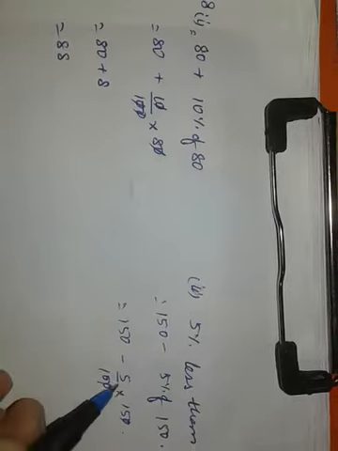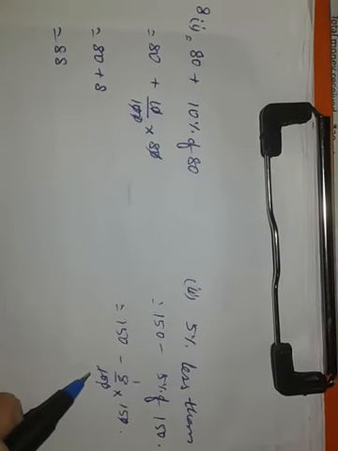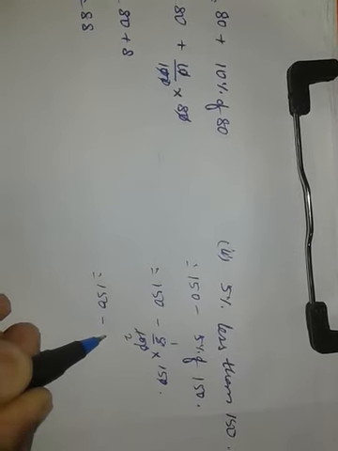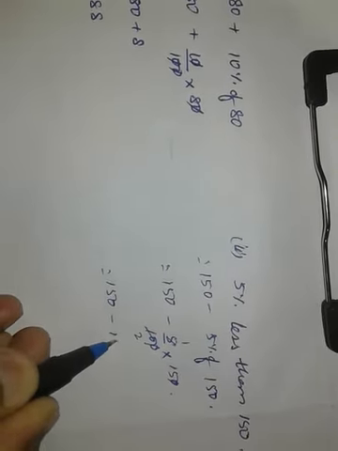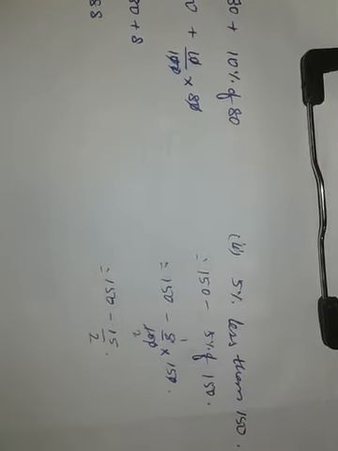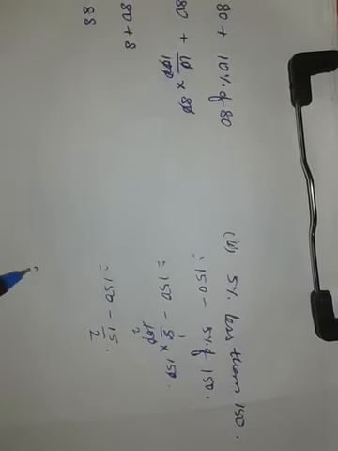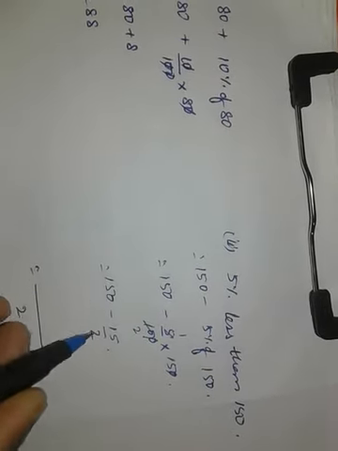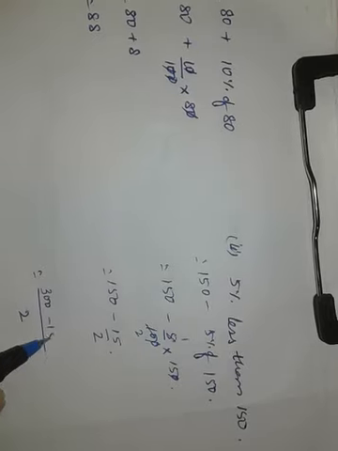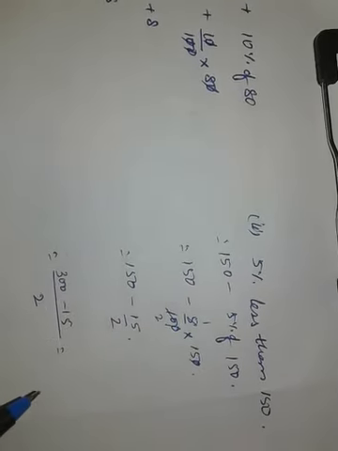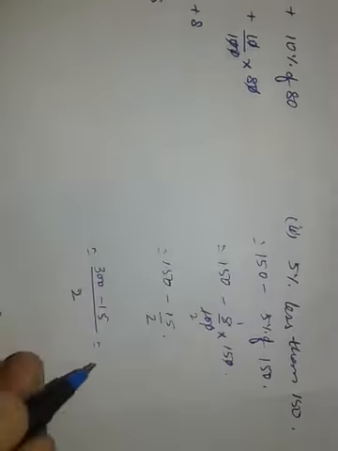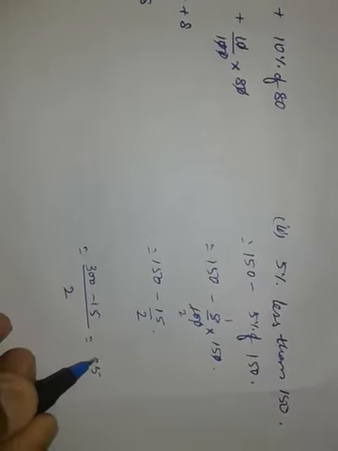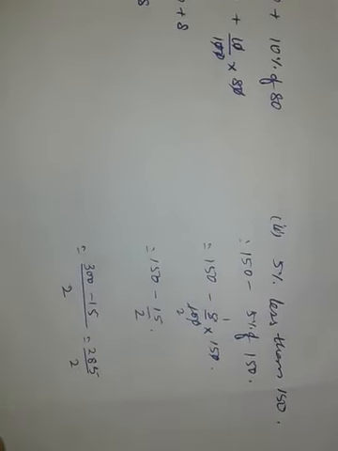Now we cancel it. 5 1 jar, 5 2 jar. It's 150 minus 15 by 2. Now we have a fraction, we will take the LCM here. So we multiply 150 into 2, that is 300, minus 15. So when we subtract it, how much do we get here? 285 by 2.